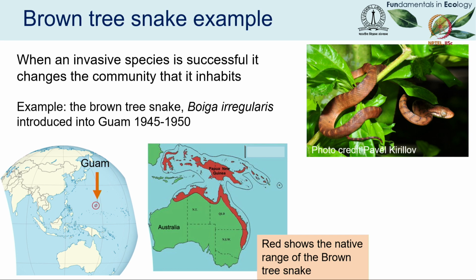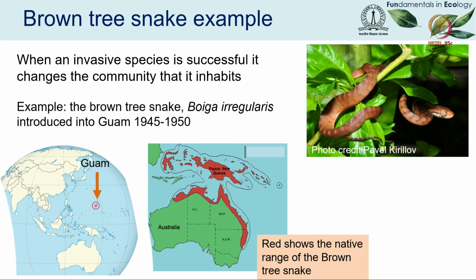All right, so I'm going to start out with an extreme example of the impact of an invasive species. And this is illustrating the idea that when an invasive species is successfully invasive, then it has a profound change on the new community it inhabits.